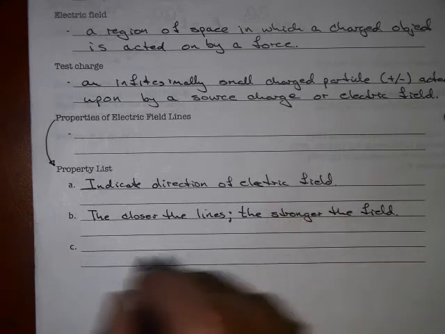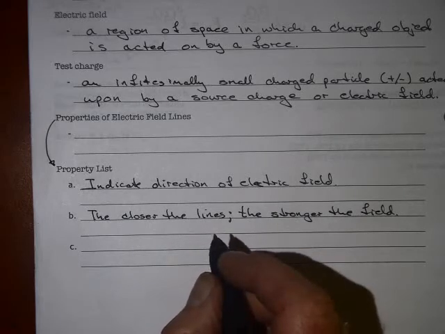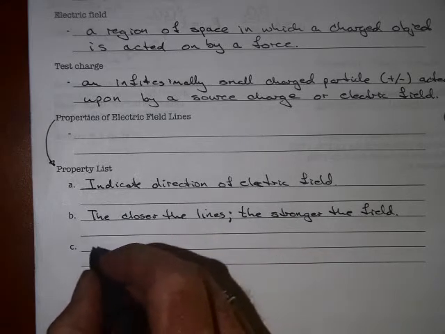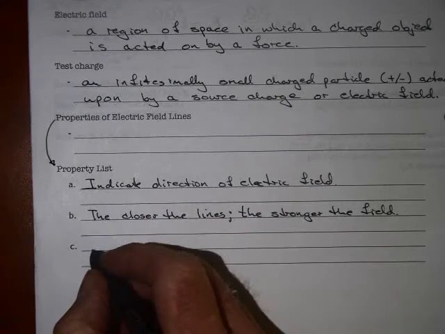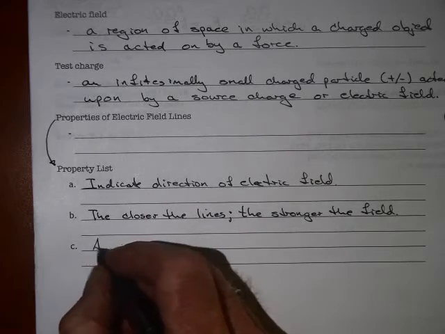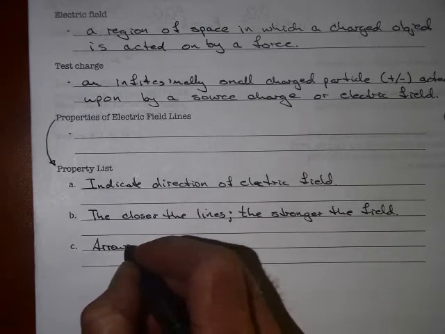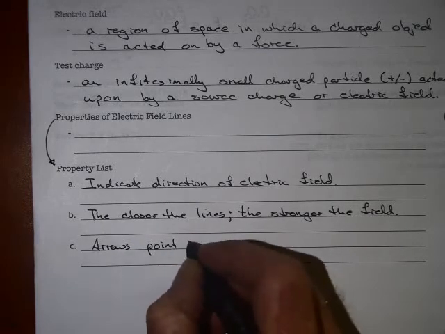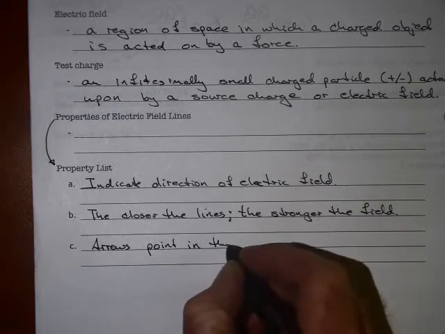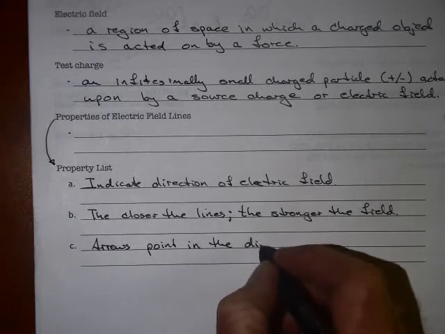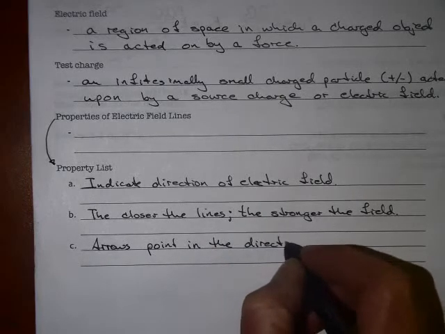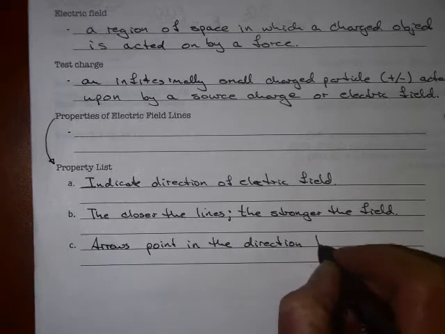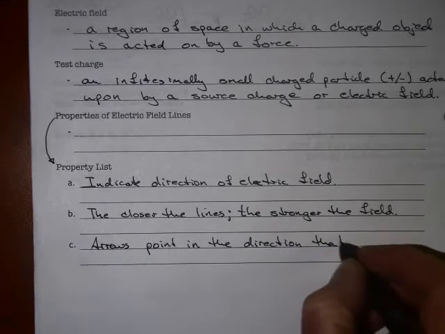And field lines generally are arrows, and the arrows point in the direction that a positive test charge would move.